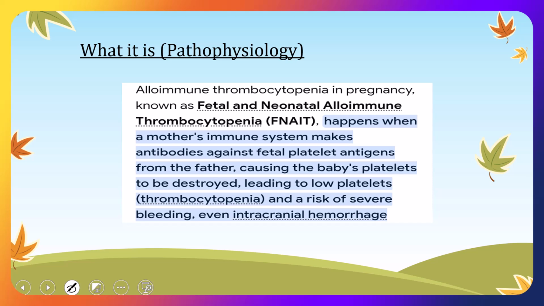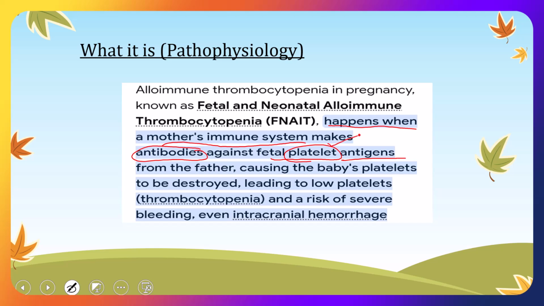Now you can be asked, what is the pathophysiology of this condition? So it's very simple. Alloimmune thrombocytopenia in pregnancy happens when a mother's immune system makes antibodies against the fetal platelet antigen.